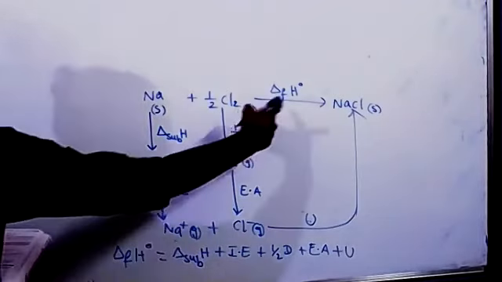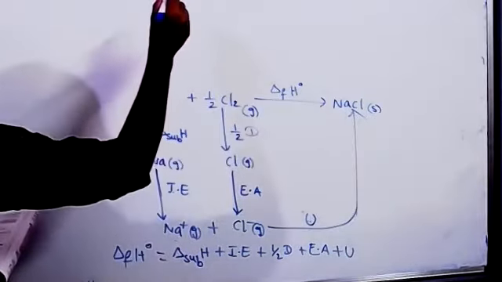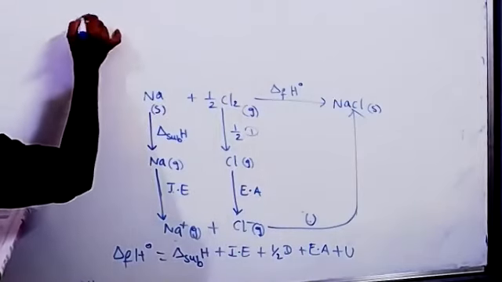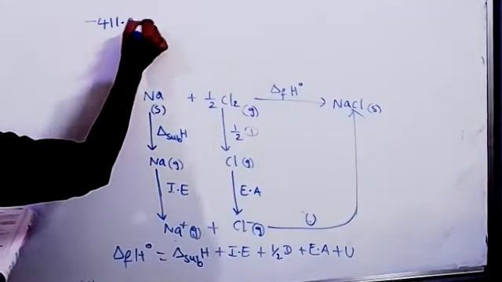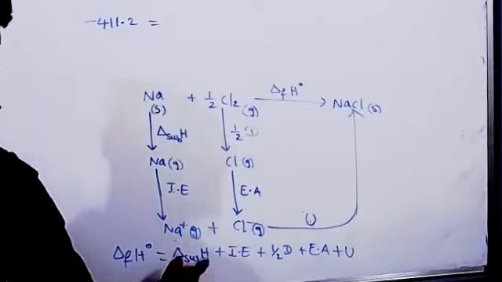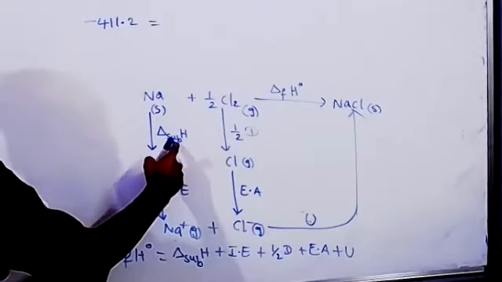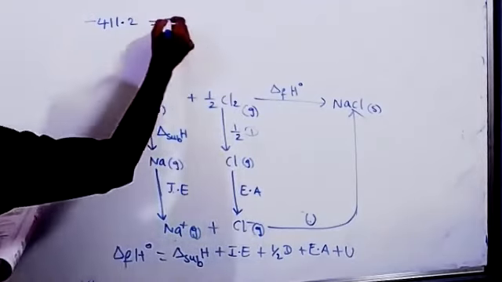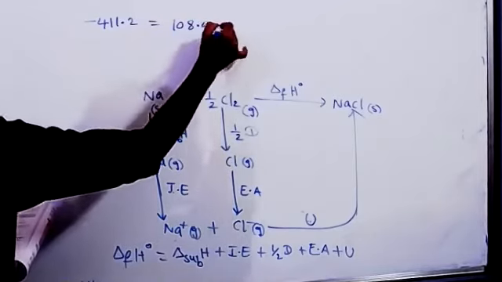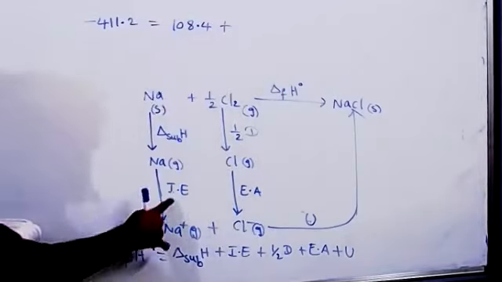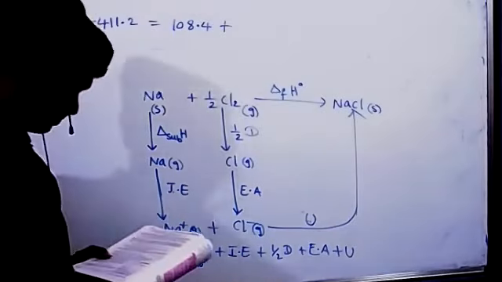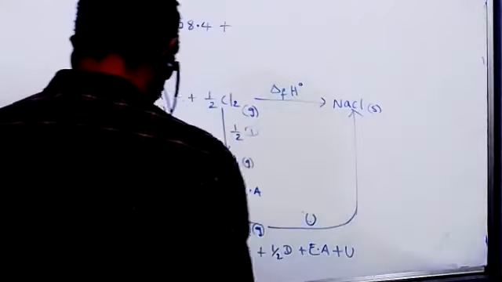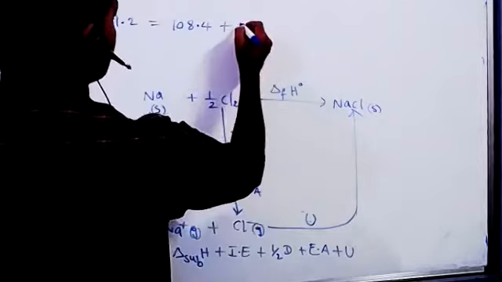Enthalpy of formation of NaCl, minus 411.2, is equal to the enthalpy of sublimation of sodium, whose value is 108.4 kilojoule per mole. Next, the ionization energy of sodium is 496, an endothermic process.